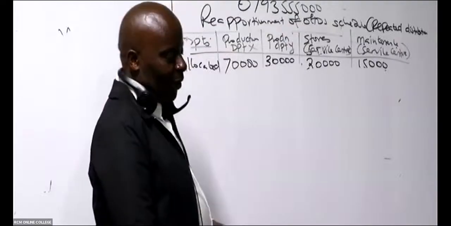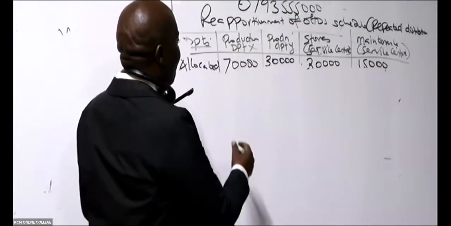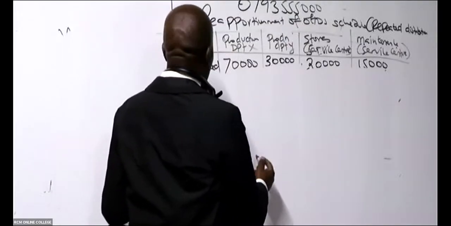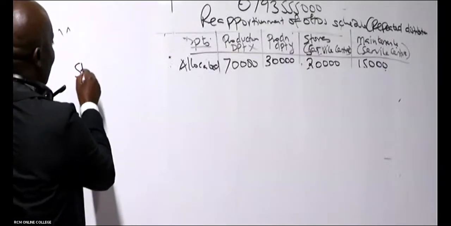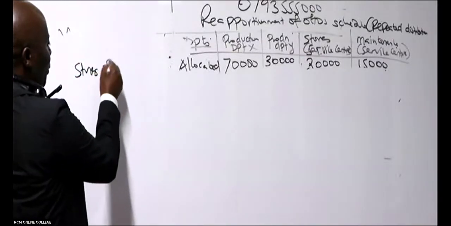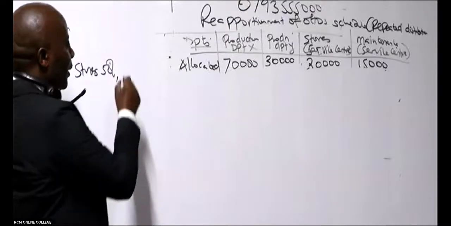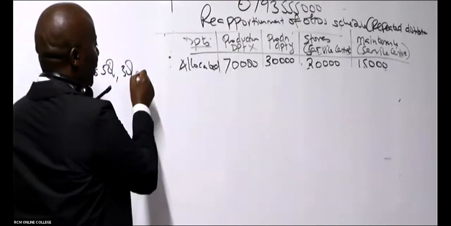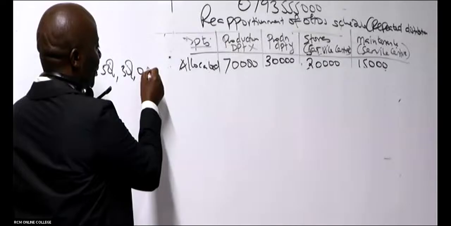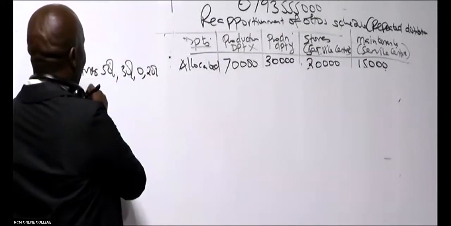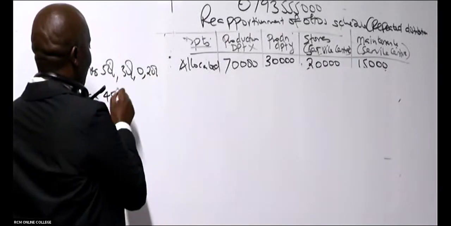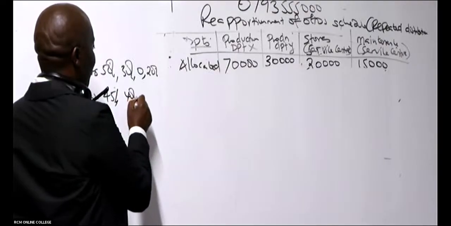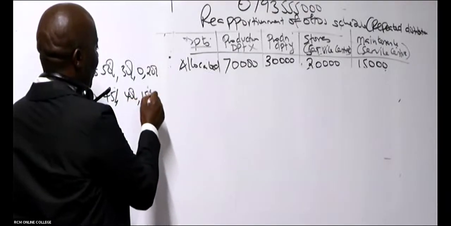Thank you. So then, do you still remember our percentages here from stores? What were the percentages? Let me write here. From stores, so stores was 50%, 30%, dash, which is 0, and 20%. How about maintenance? 45, 40, 15, dash 0.